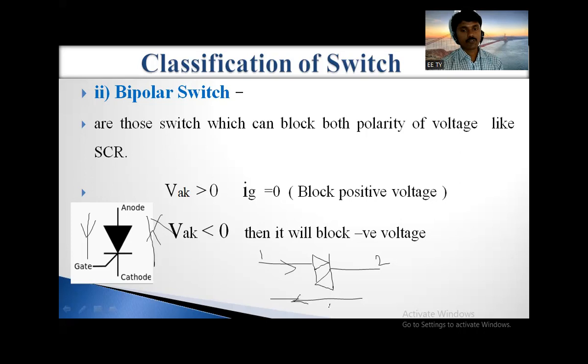So the current can flow in both directions, and this switch is called a bidirectional switch. Is it clear? What is meant by unipolar, bipolar, unidirectional, and bidirectional?